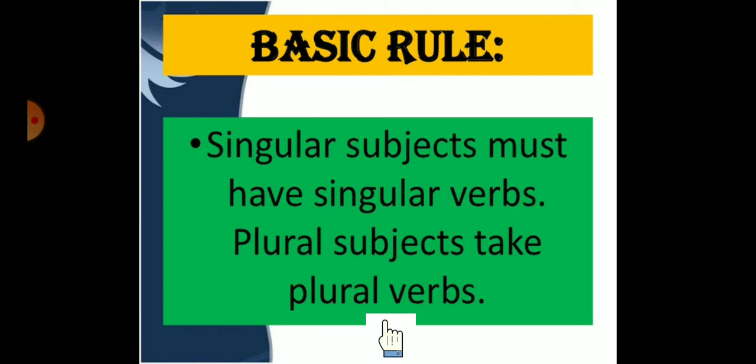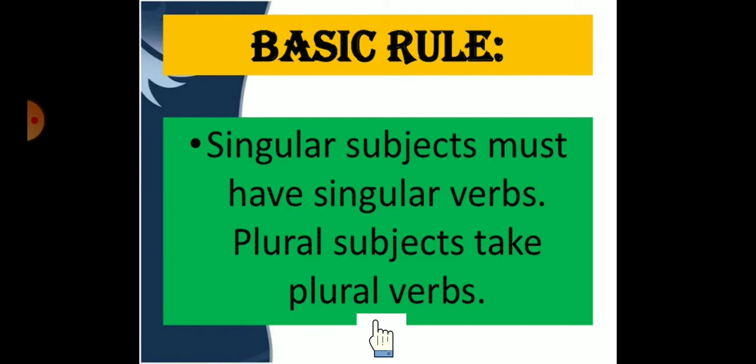If there are no spelling and grammatical errors, then that sentence has subject and verb agreement. That's why the whole sentence is perfect. For making the sentence correct, a singular subject must have a singular verb and a plural subject takes a plural verb. This is what we discussed yesterday.